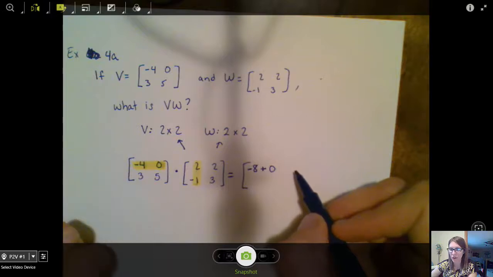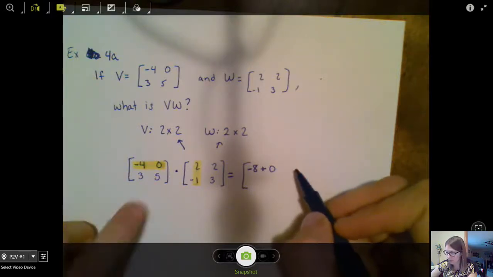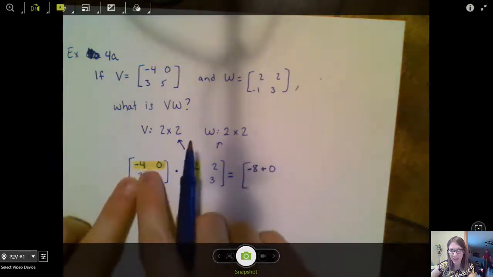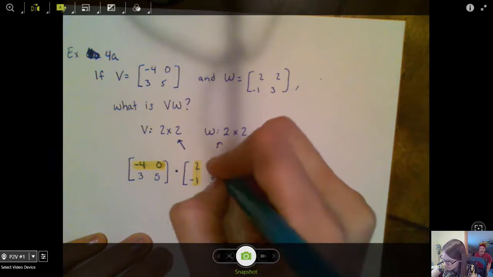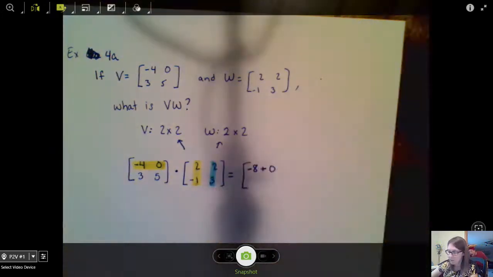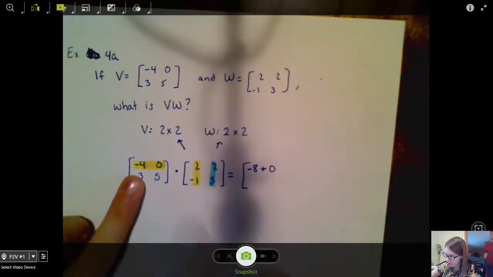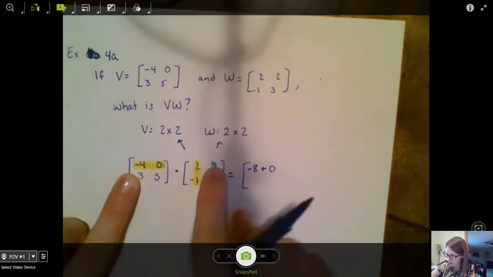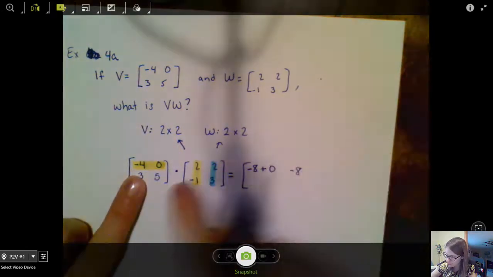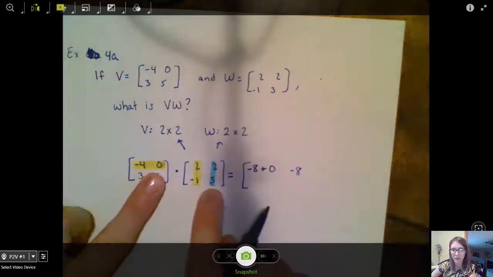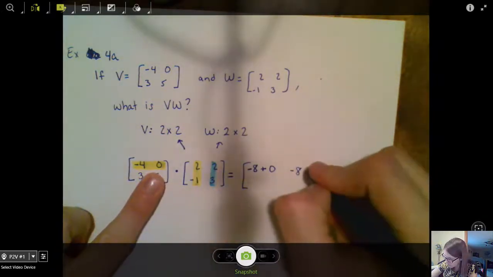My next entry, my next number in my matrix, I find with the same first row, but my second column now. So I'll take -4 times 2, it's -8 again, plus 0 times 3.